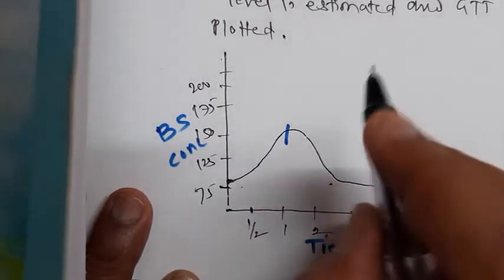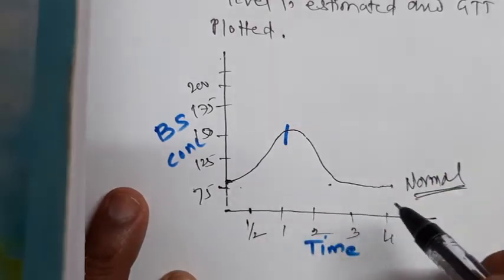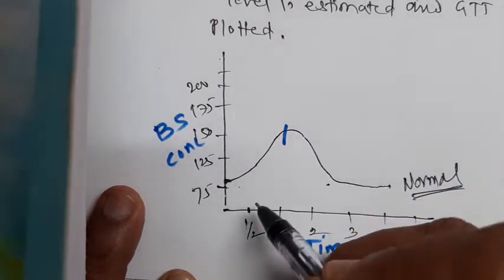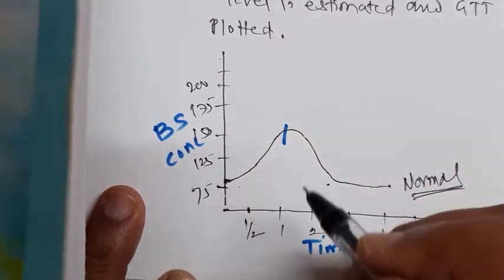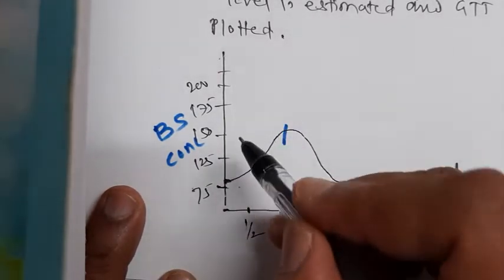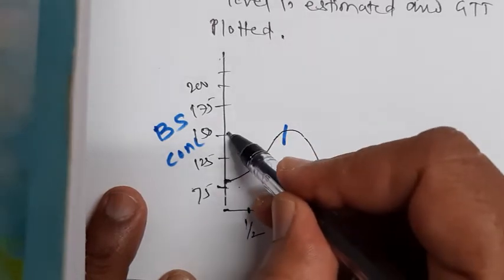So in the case of a diabetic individual, the fasting blood sugar level is high.